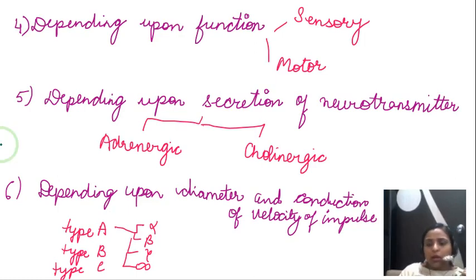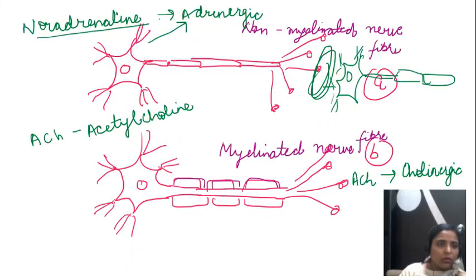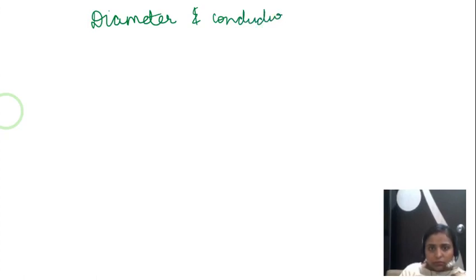And if we talk about the last classification, that is depending upon the diameter and conduction velocity of the impulse. Let me make you understand with the new slide. Yes. So if we're talking about the diameter and conduction of impulse, this is another classification, right?